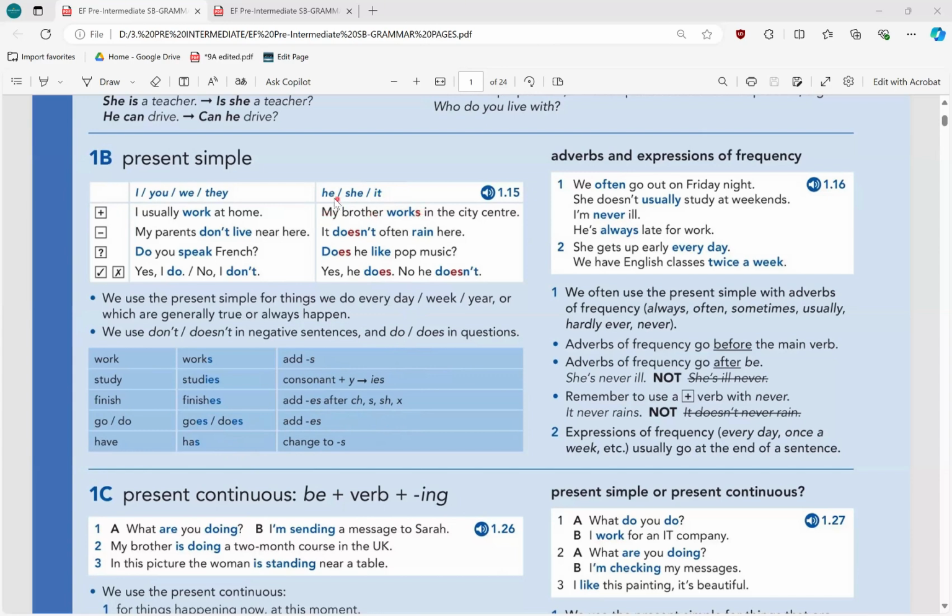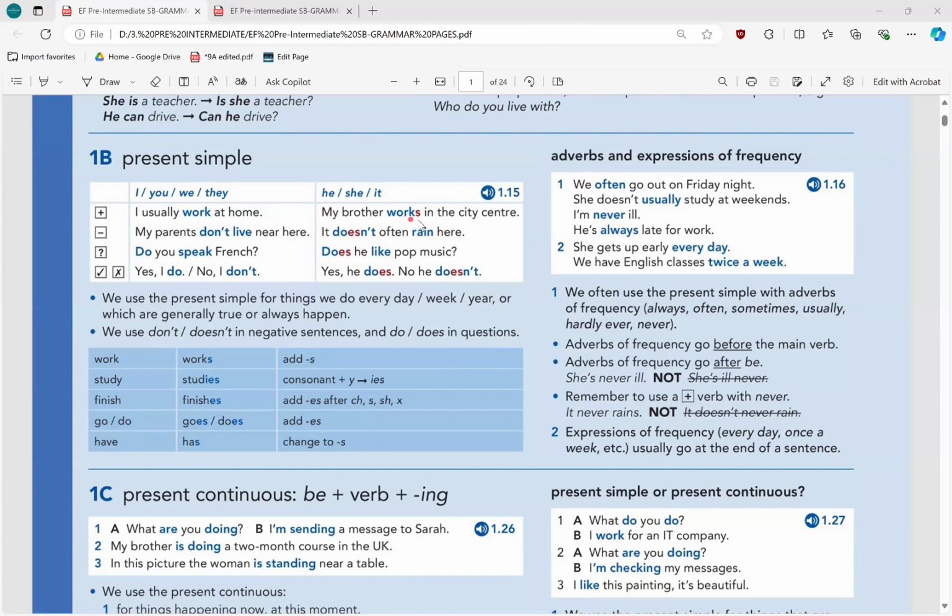My brother is he, so: he works in the city center. For negative, for I, you, we, they, it's don't. If it's he, she, it, we use doesn't. Like, it doesn't often rain here.